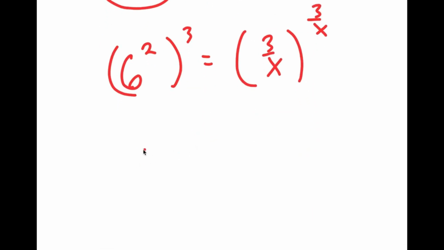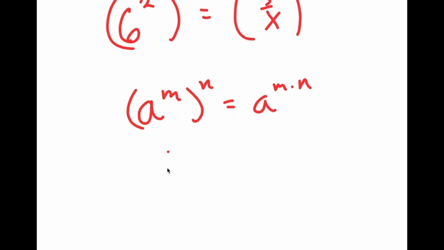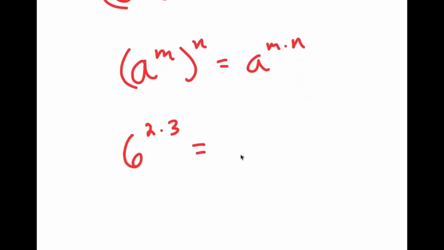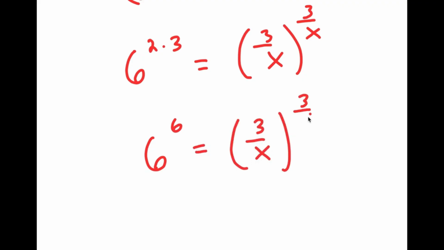And if I have something in the form a to the power of m to the power of n, this is equal to a to the power of m times n. So 6 to the power of 2 to the power of 3 is going to equal 6 to the power of 2 times 3. And 2 times 3 is 6, so I get 6 to the power of 6 is equal to 3 over x to the power of 3 over x.